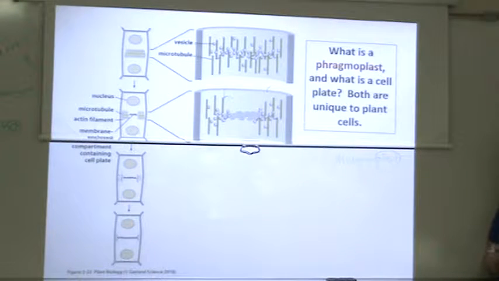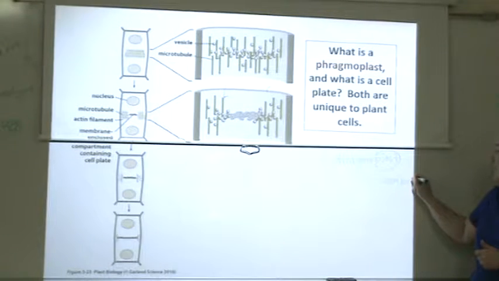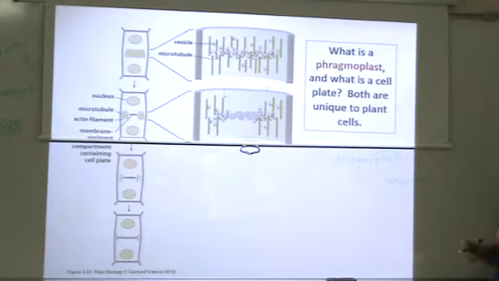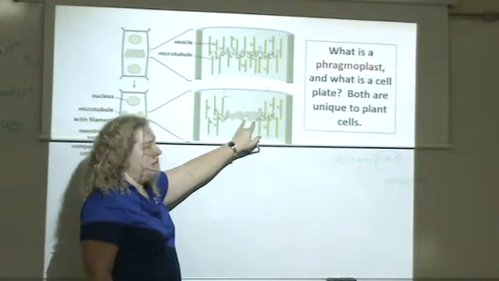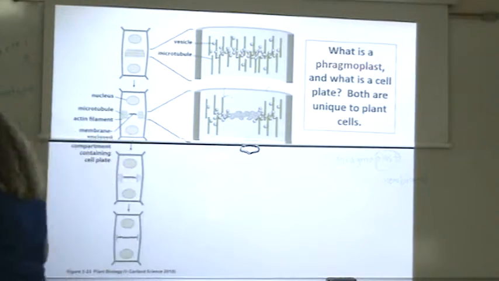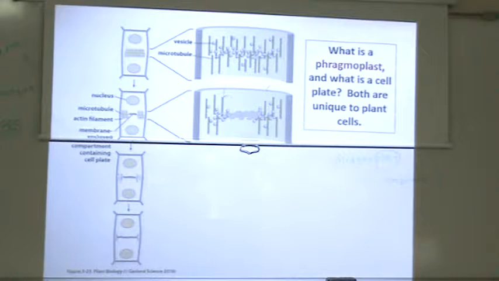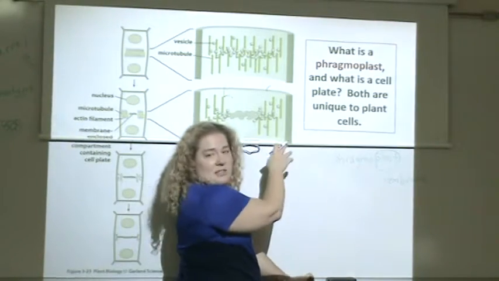That's related to the plastness. Plast implies membrane, like something being enclosed in a membrane. So phragmoplast is membranes coming from vesicles associated also with microtubules. So it's an assemblage of building materials and construction needs where the cell plate and the cell wall are going to be.